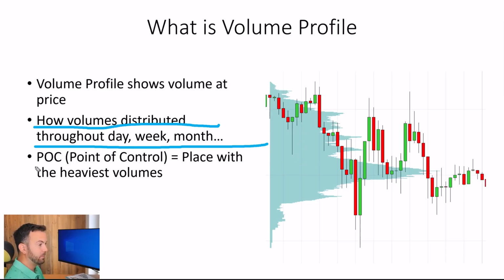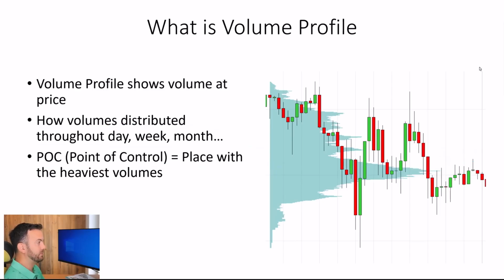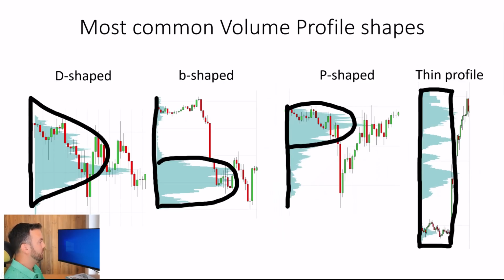And as I was saying, the point of control, that's the place where the heaviest volumes were traded. This is the point of control. And today we are going to talk about that. The volume profile can have many shapes. Those are the four most basic ones. But always the most important place in each shape is the point of control, right?